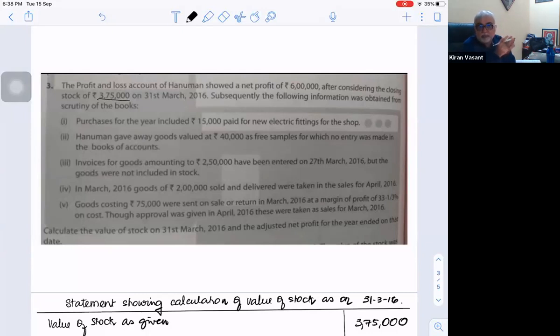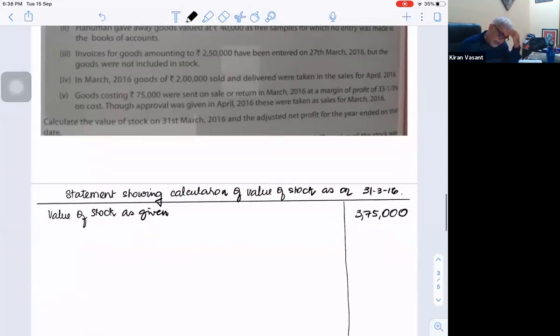Invoices for goods amounting to 250,000 have been entered, but the goods were not included. Just a few minutes back, we answered a question. If the goods are not there, we should still include them, because they belong to me. They are goods in transit. So I will say add purchases on 27th March not included in stock.